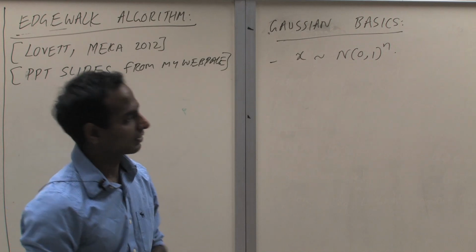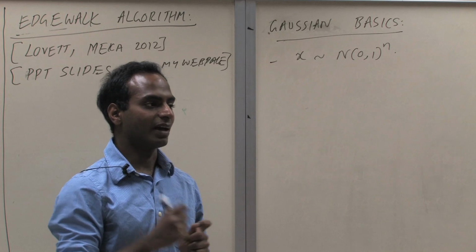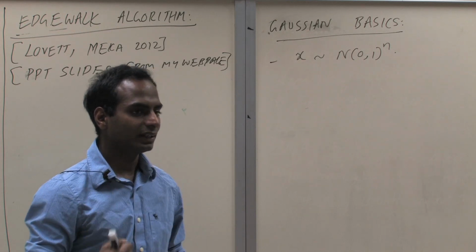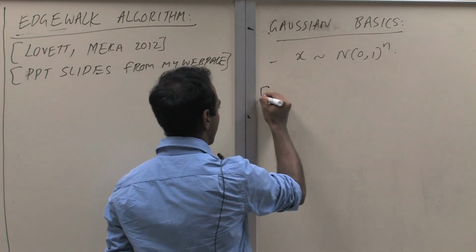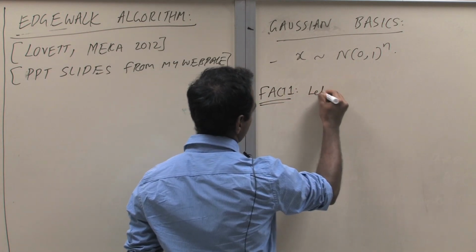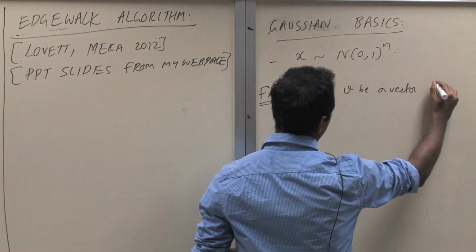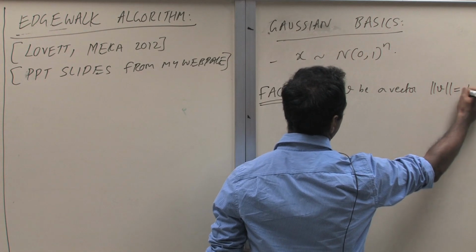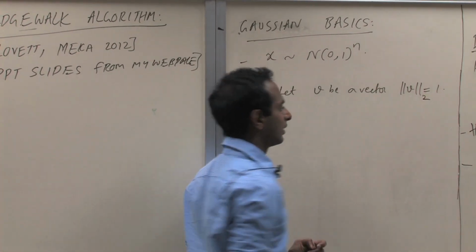The Gaussian distribution has a property that if you project it along any direction, you once again get a Gaussian distribution. So this is fact 1. Let v be a vector with norm of v equals 1, the L2 norm equals 1.